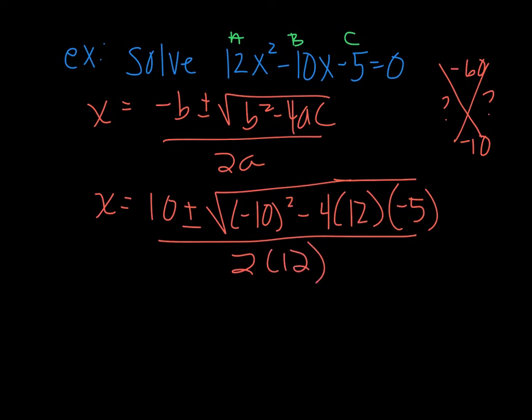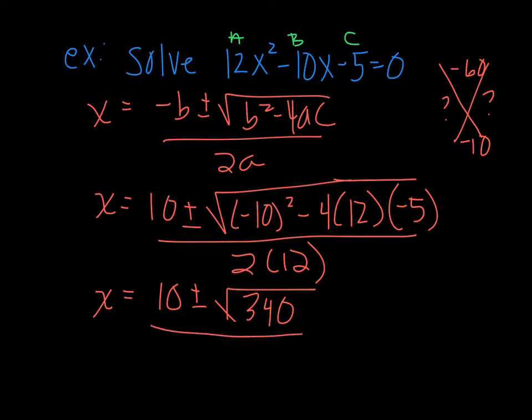So if I simplify what's inside the square root by plugging that in my calculator, all in one step, I get the square root of 340, 100 minus 4 times 12 times negative 5, all over 24, which I then can take and make my two equations.